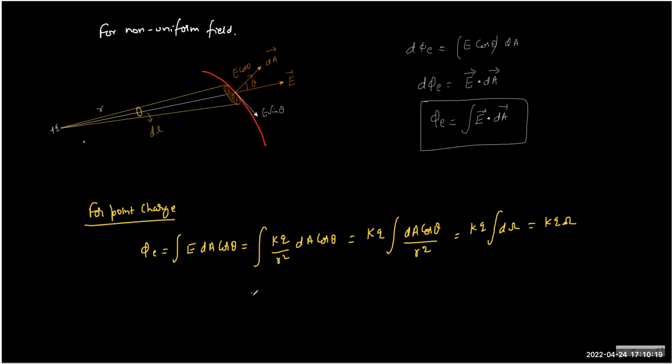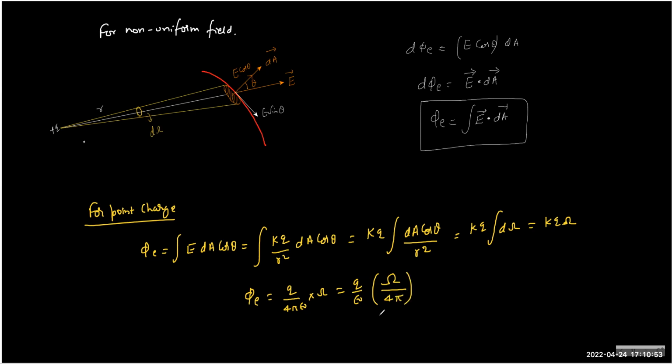So for a point charge, you need not calculate this integral. We can calculate the flux only in terms of solid angle, and the answer is q by 4 pi epsilon naught into omega, which is the same as the total flux q by epsilon naught. So if you remember, the total number of field lines which come out of a charge is q by epsilon naught, and how much will pass through the surface depends on what fraction of the solid angle is going through that surface.